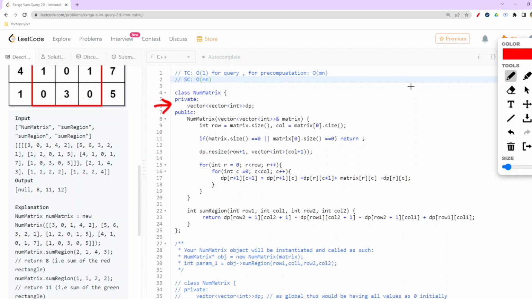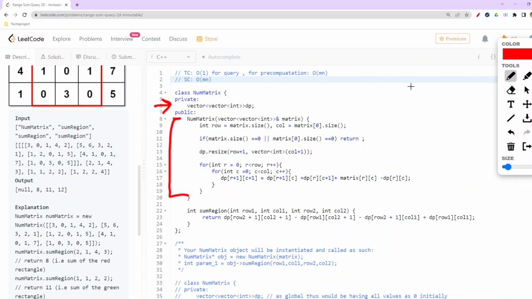Here I've taken extra space for the vector, and why I've taken it, because I can't make any changes in the original as it is immutable as the question states, so I am obliged to take extra space.